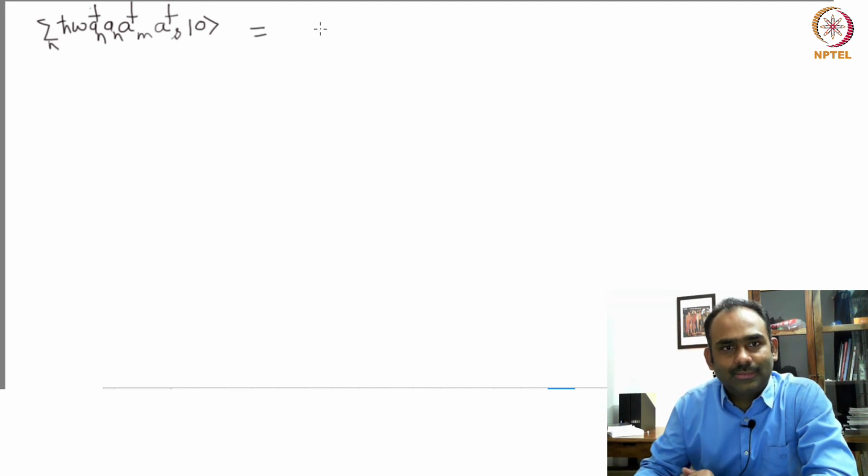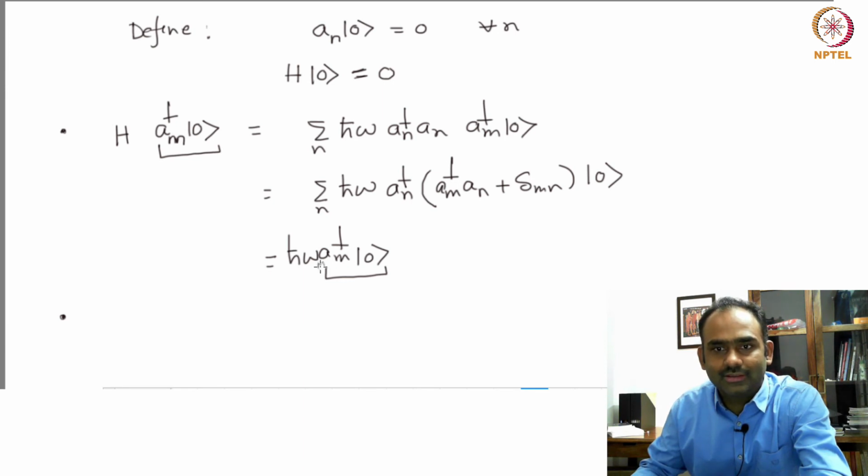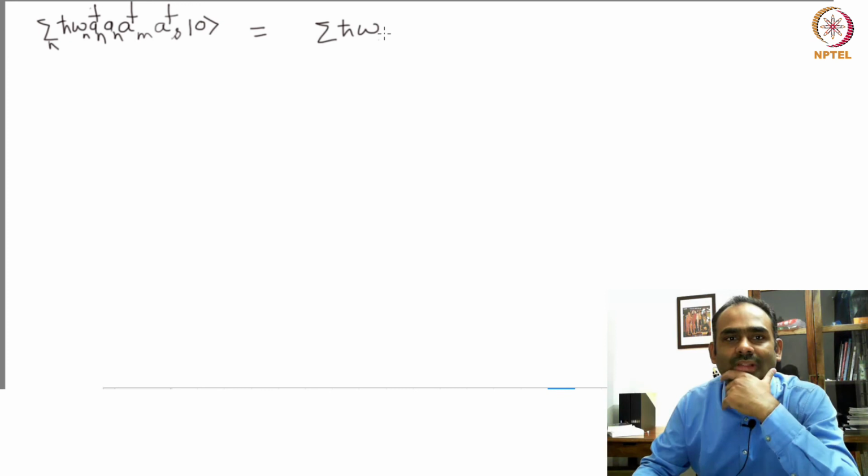So what does that become? I have been missing the n's here. There should be an m. There should have been an n. Okay, that's fine. Omega_n, and you have a_n dagger.